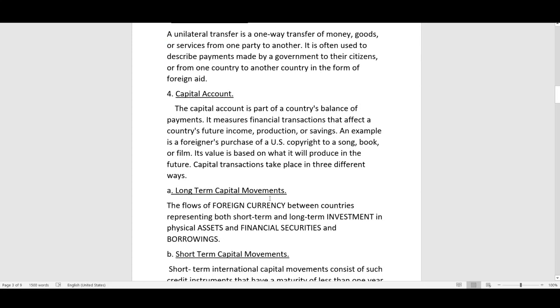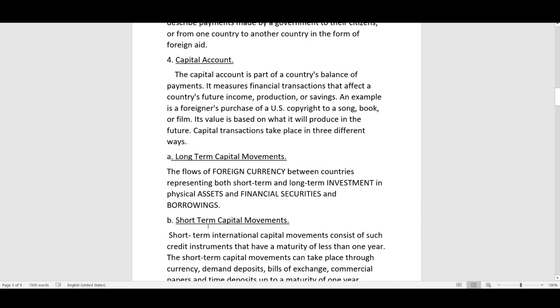First, long-term capital movements. The flows of foreign currency between countries representing both short-term and long-term investment in physical assets and financial securities and borrowings. Second, short-term capital movements.